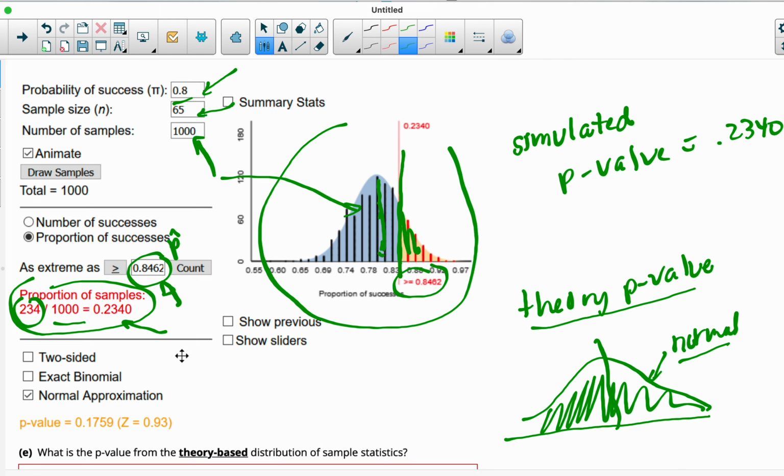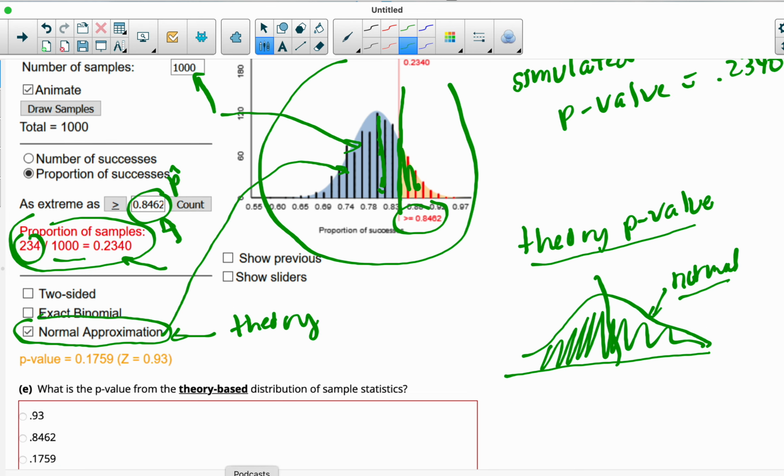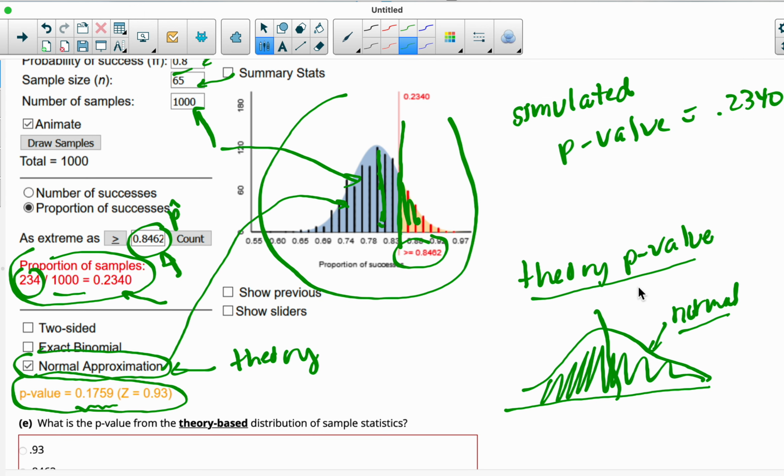What we also did here is when we select normal approximation, this solid stuff underneath, that blue and orange, is using the theory-based approach, meaning those formulas from the chapter. We get another p-value for the theory-based approach, 0.1759.